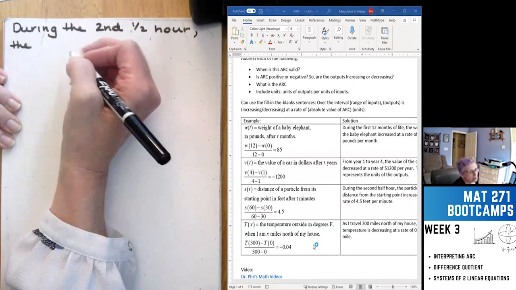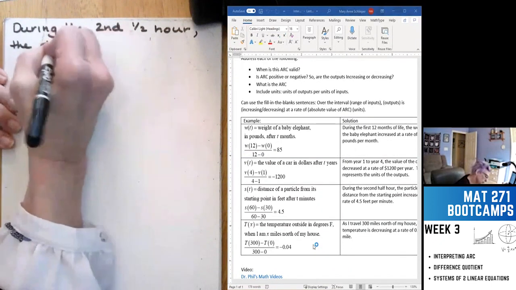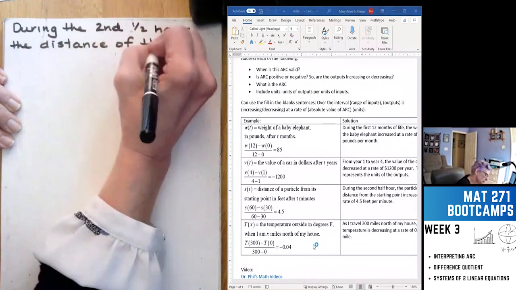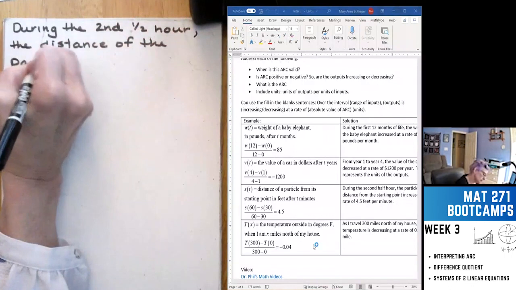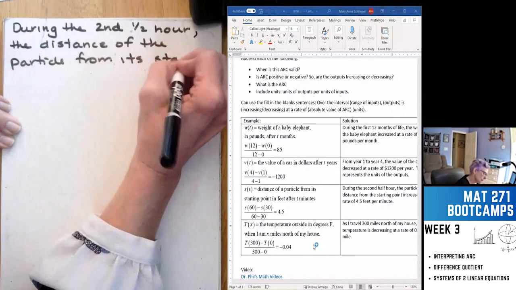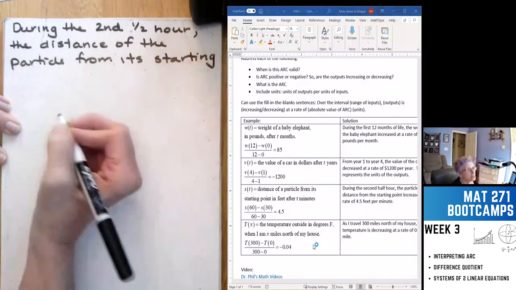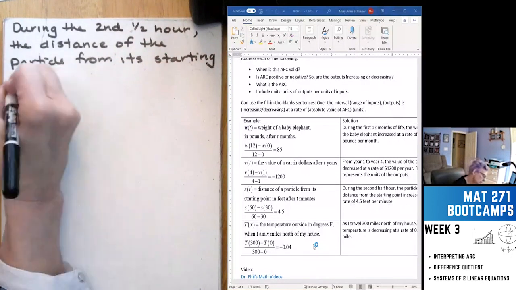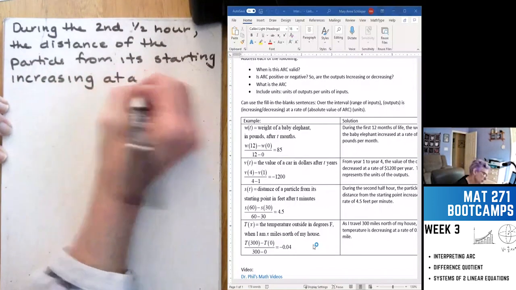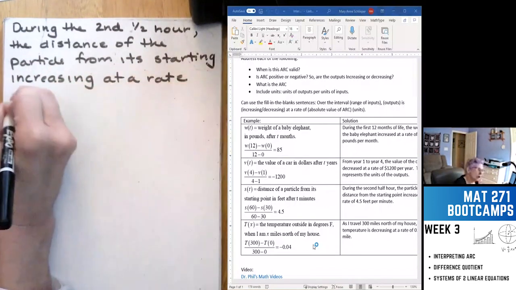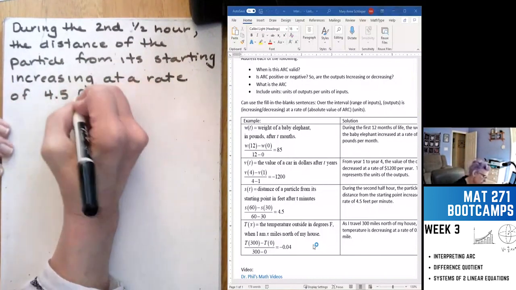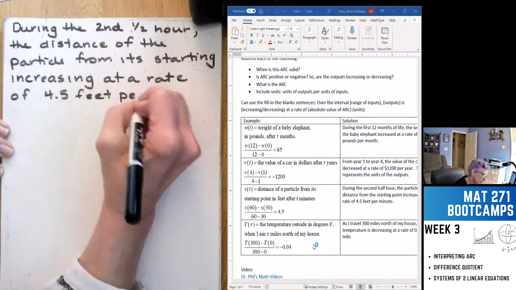The distance of the particle from its starting point. How is it changing? Is it increasing or decreasing? Well, it's increasing at a rate of 4.5, and in this case, it is feet per minute.